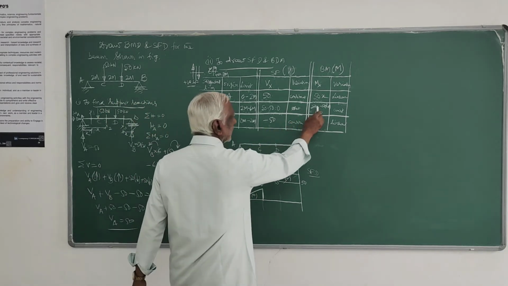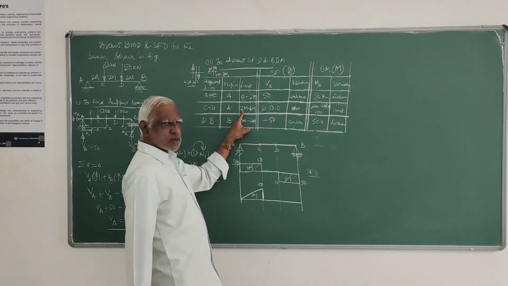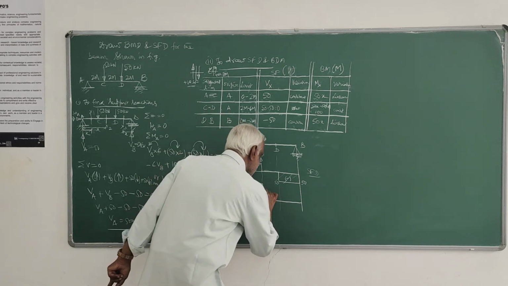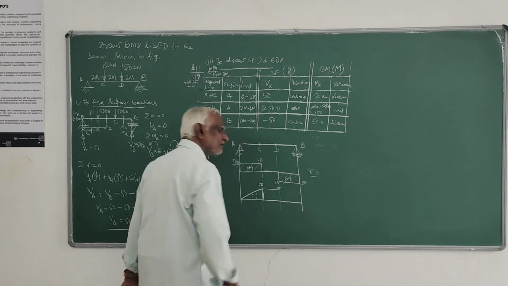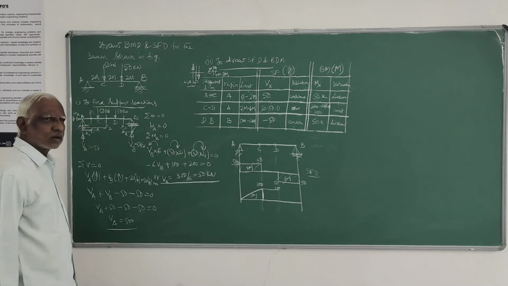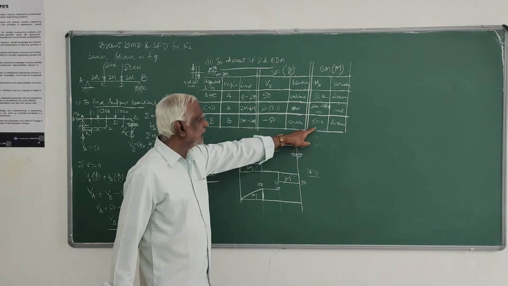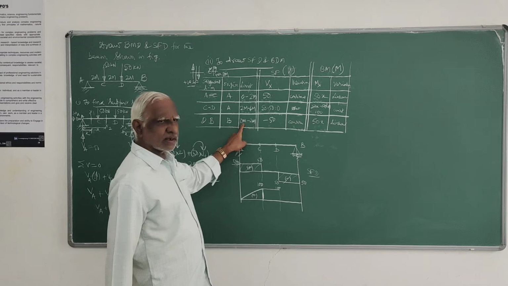Then here it is 100 only, from x equals 2 meters to 4 meters. So it is constant, 100. Okay? It is constant. Then here again 50x. When x equals 0, it is 0.